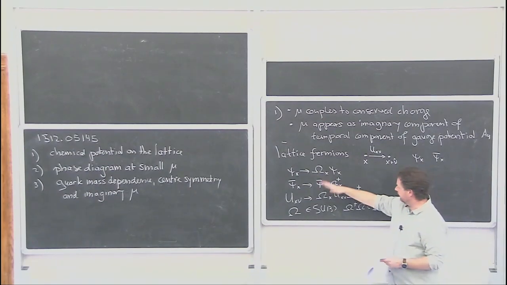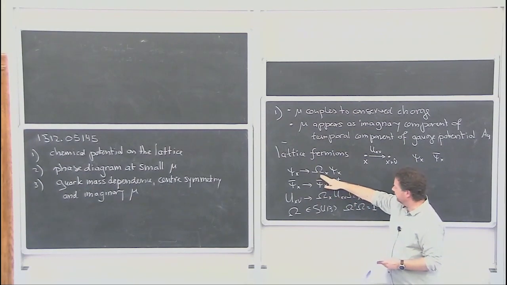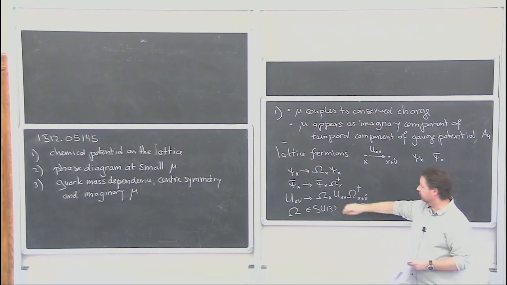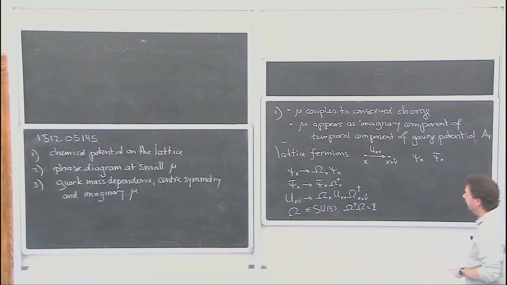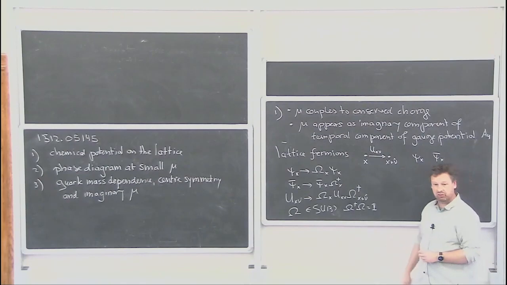This is what you expect. Say in an abelian theory, this would just be the phase factor e to the i alpha, a local transformation, and e to the minus i alpha, and these links transform in this way.